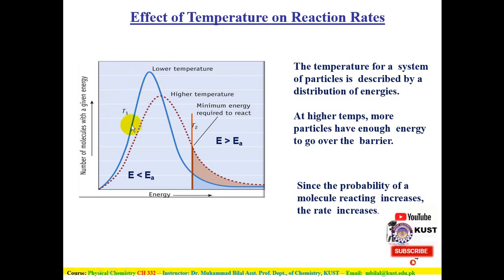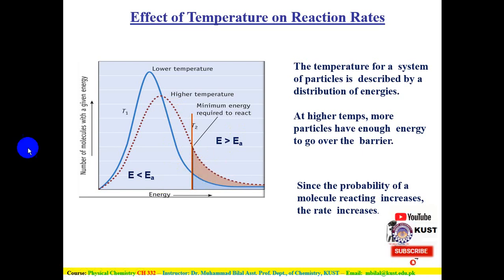Now when we increase the temperature, we shift this peak toward the higher energy side. This is the activation energy barrier. At lower temperature a small fraction of molecules will have sufficient energy to cross the activation energy barrier, while at higher temperature a large fraction of molecules have sufficient energy to cross this barrier.